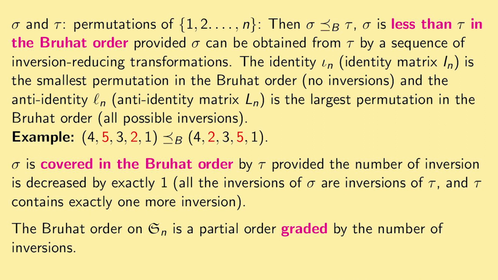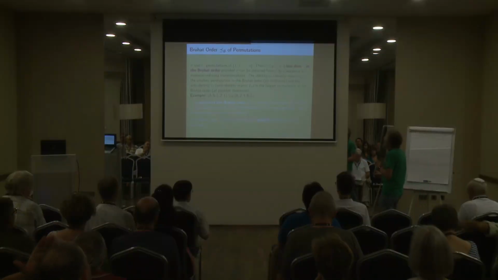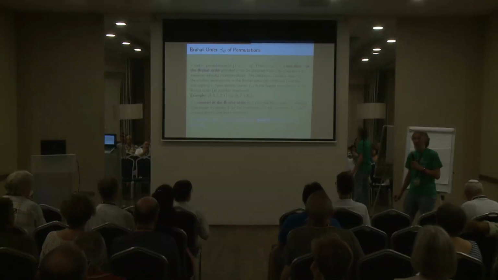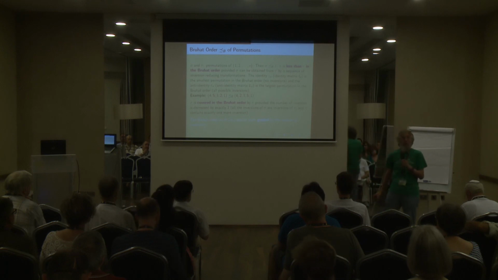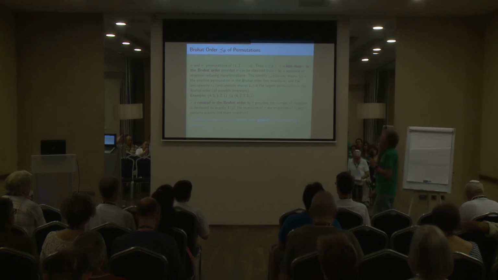So there's an example there of a permutation on the left, okay? I do the inversion-reducing transformation, okay? And I get the one on the right, and so I must have the one on the left is less than or equal to the one on the right in the Bruhat order. In particular, okay, if you have a partially ordered set, okay, you can talk about one thing being less than or equal to the other, and you could also talk about one covering or being covered by another.